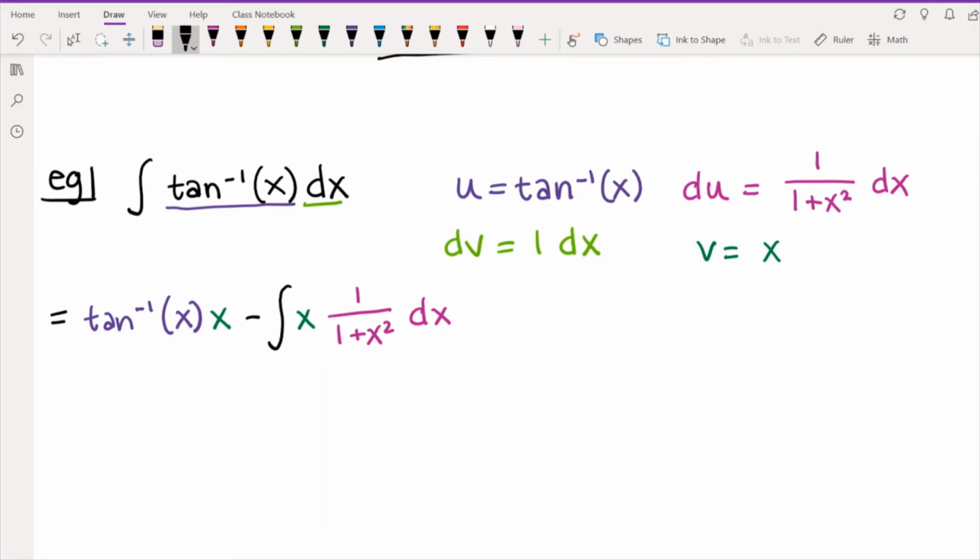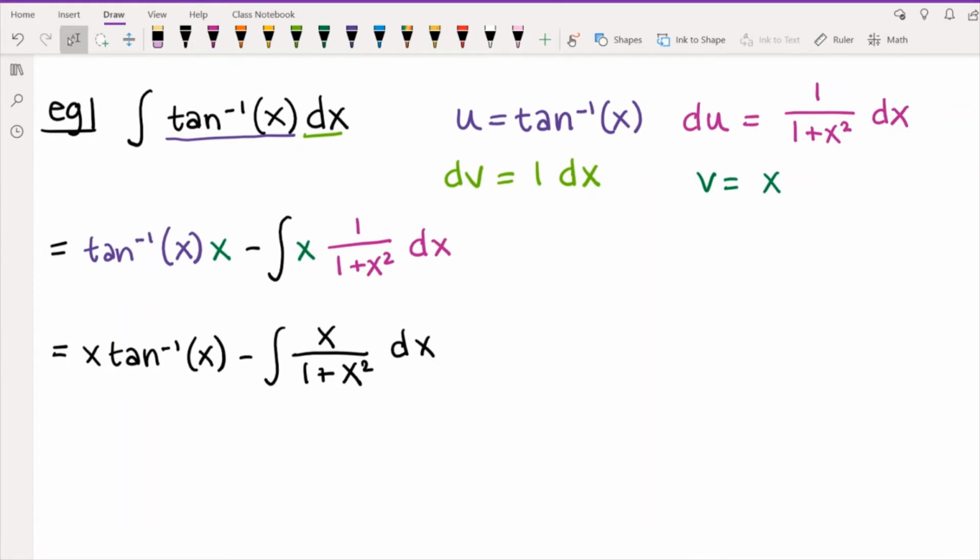So let's clean this up a little bit. We have x times inverse tangent of x minus, and I'm going to rewrite this as x over 1 plus x squared dx.